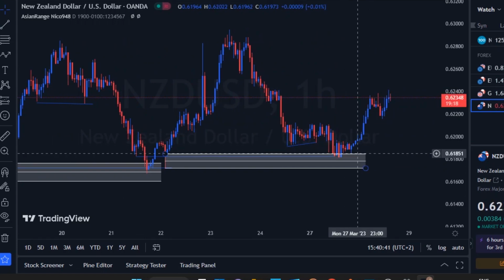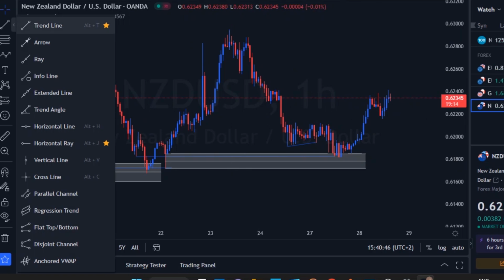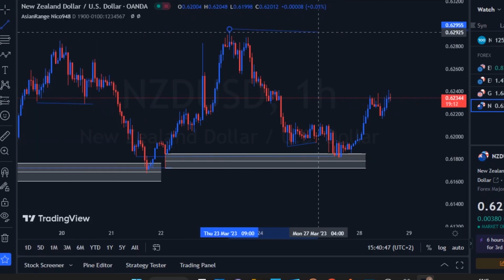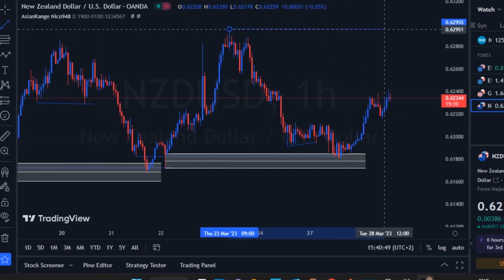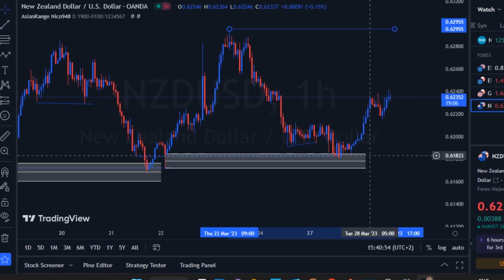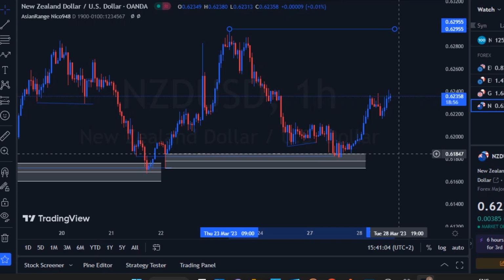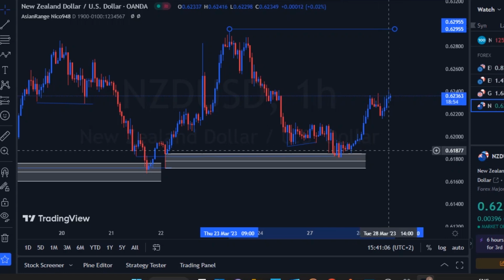Now we expect the market to take out this high. Even if this trade goes against me, I know that I have already broken even in my trade, so I'm not fearing anything because I am risk free on this trade. Now I'm just waiting to see what the market does.